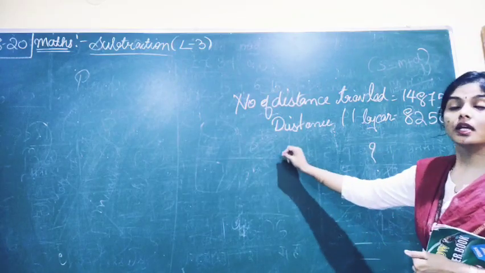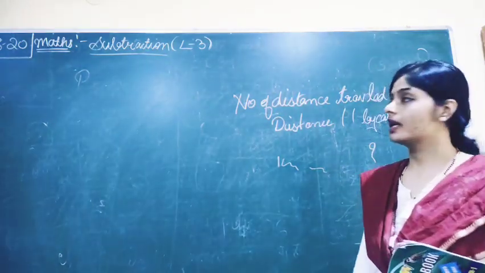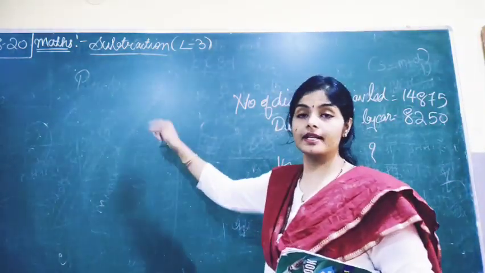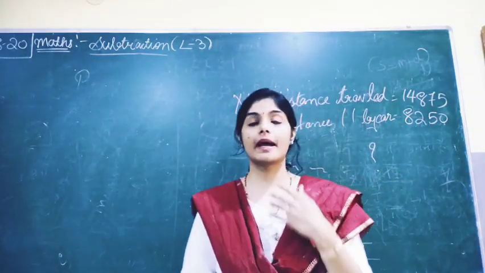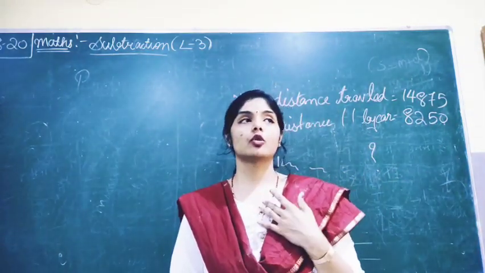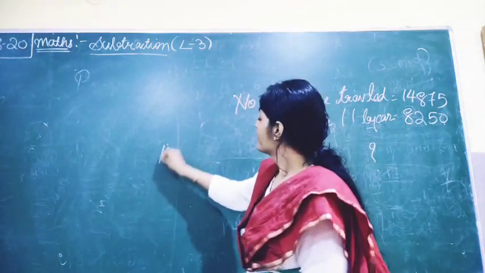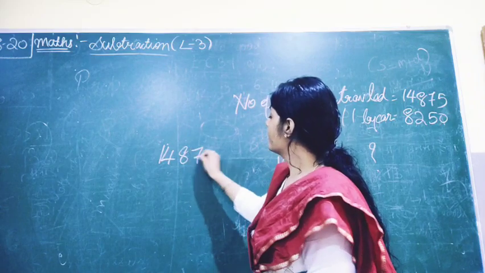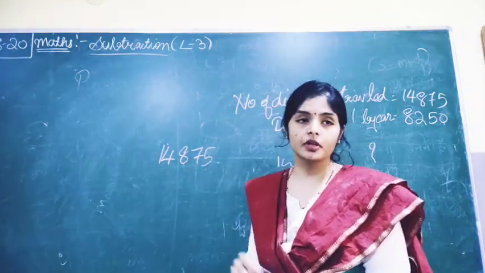They are asking the kilometers, how much he has travelled by train. Okay, so total distance. Now you just imagine you are going to Delhi. Your total distance to Delhi is 14,875. But you can't travel to Delhi using just one transportation, no children.